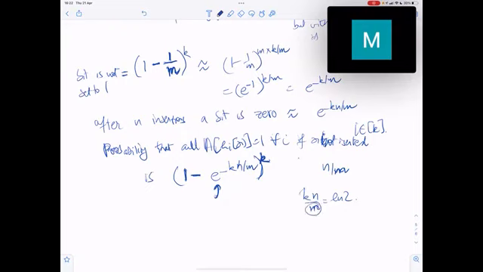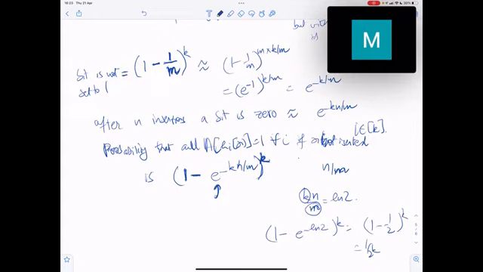They are m and k, and you take them so that kn by m is ln2. Then you get (1 minus e to the power minus ln2) to the power k, which is equal to (1 minus half) to the power k. This is 1 upon 2 to the k, correct?